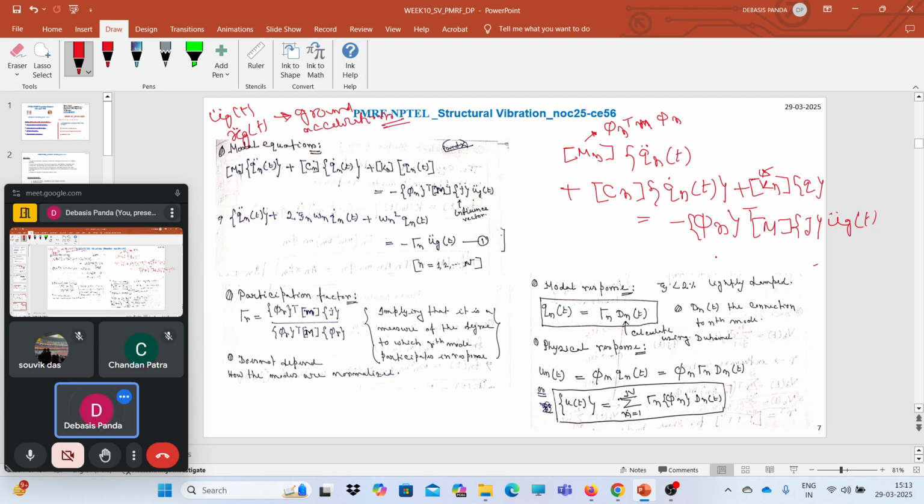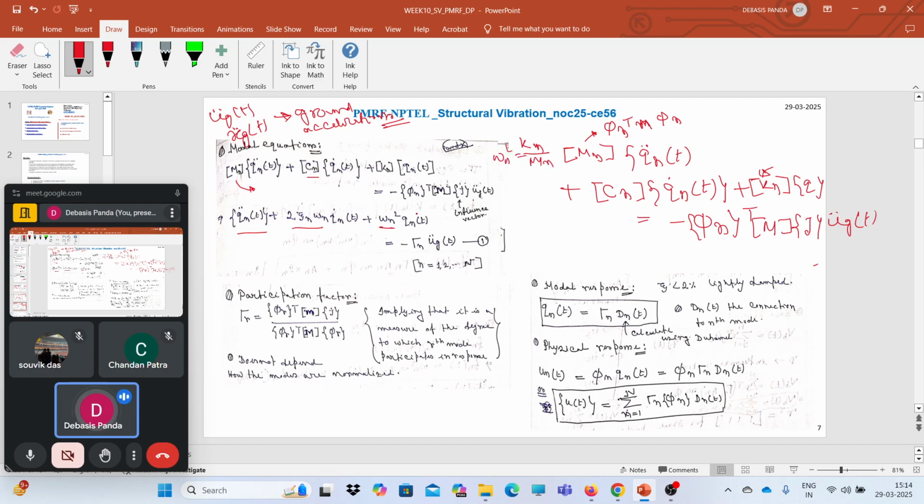right? Now if we further simplify this equation, if we move the mass to the other side, or we just divide by mn on both sides, what we are left with is qn double dot of t plus cn by mn, which leads to twice zeta n omega n, as you already know, and kn by mn is nothing but omega n square.